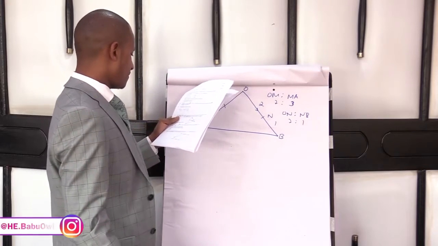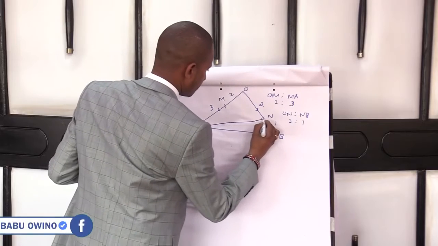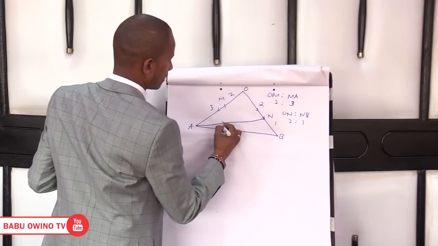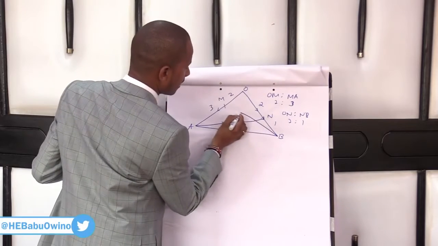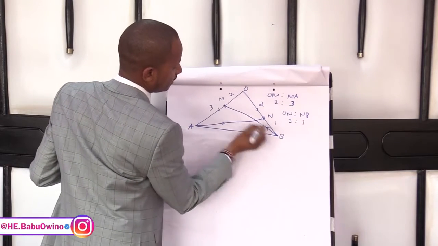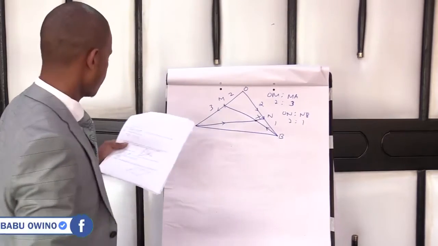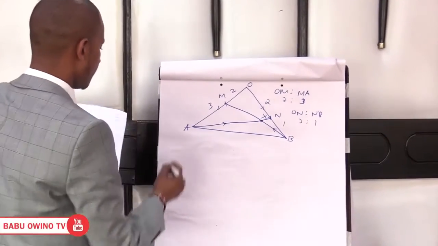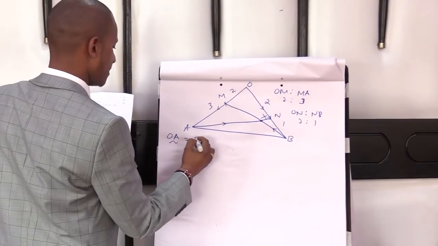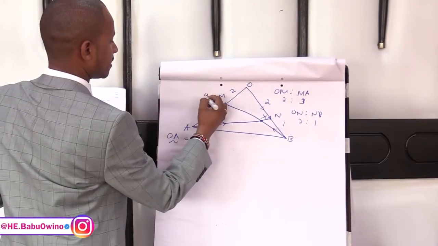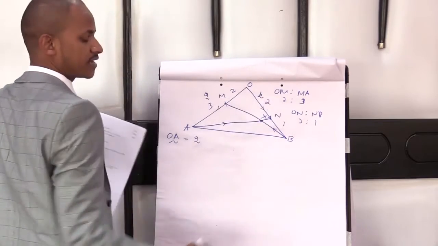And BM, AN, just draw that line, AN, arrow that way, AN and BM intersect at a point X. Given that OA equals A, OA is A, and OB is B. You just move with the direction the way it's moving.